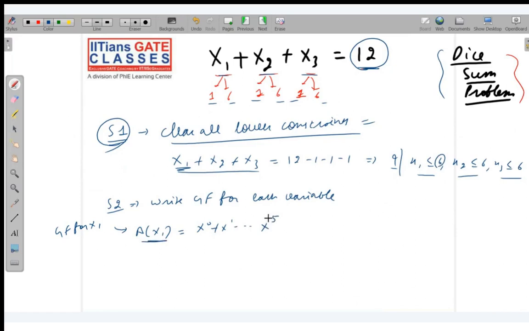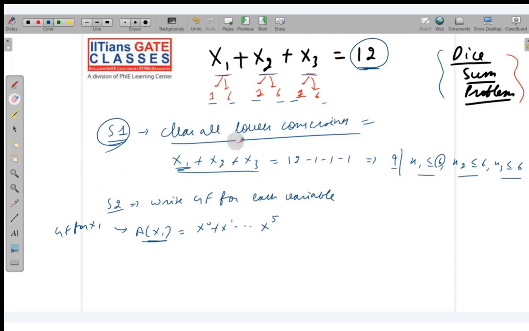Let me show you one more thing. I have made a mistake here. When I deleted the lower constraint, finally x1 can go up to 5. It cannot go up to 6.